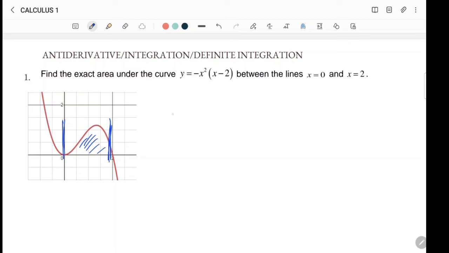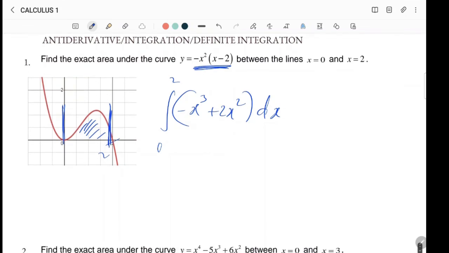So simply integrate from 0 to 2 of minus x squared times x minus x cube and 2x squared. Integration is minus x to the power 4 over 4 minus x to the power 4 over 4 plus 2x cube over 3, from 0 to 2.